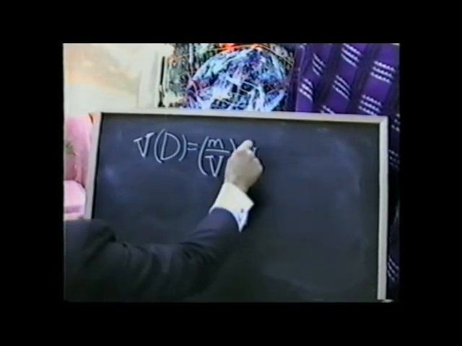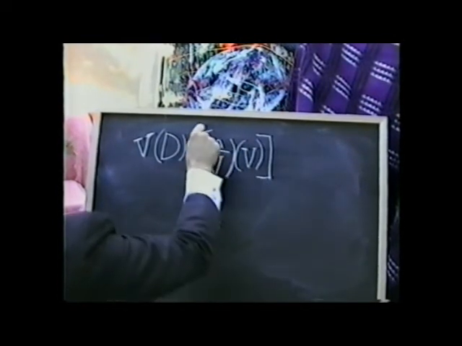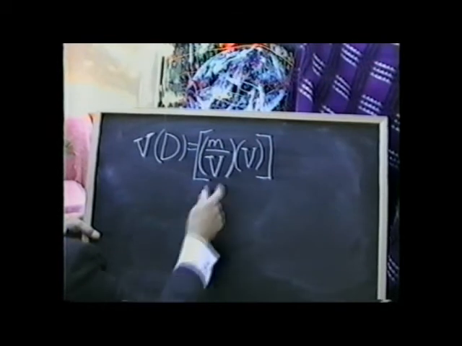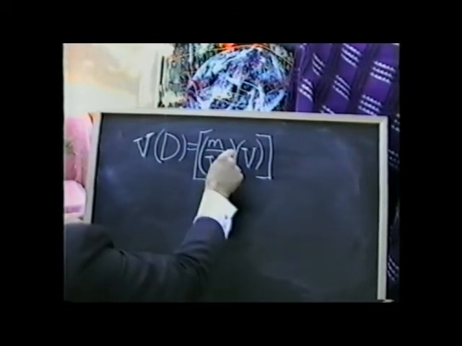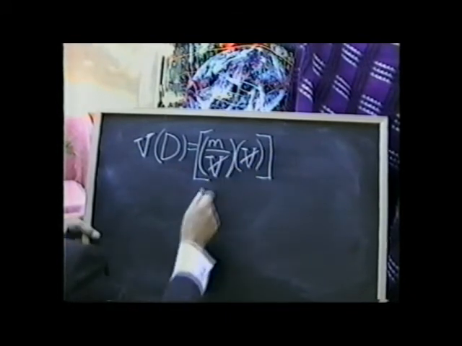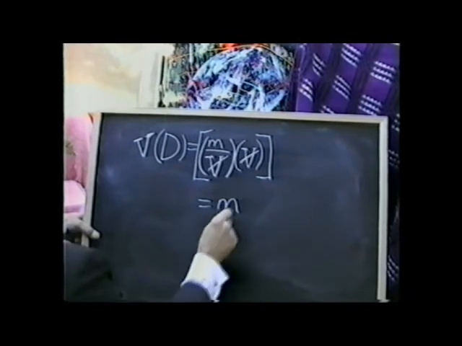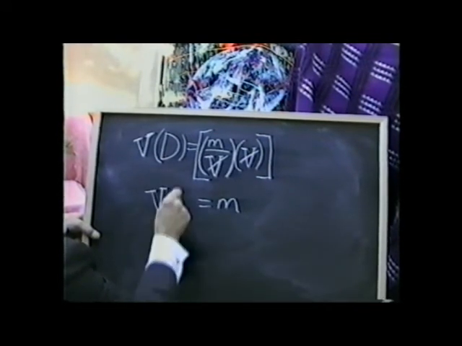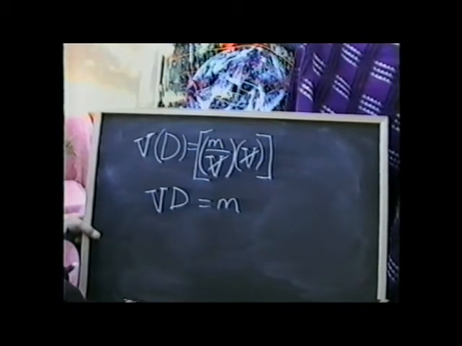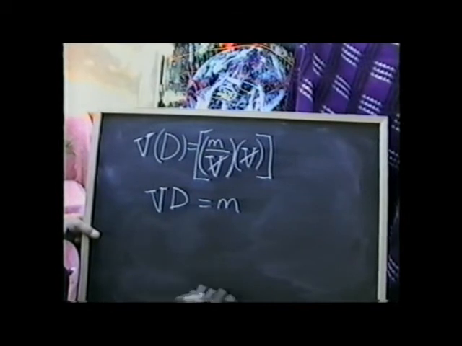So what we see here, use the parenthesis and then a bracket. The mass over the volume times volume is going to be the volume canceling. It's going to result in the mass. And what the mass equals is the volume times the density. But we don't want to know the volume times the density. We want to know explicitly the volume.